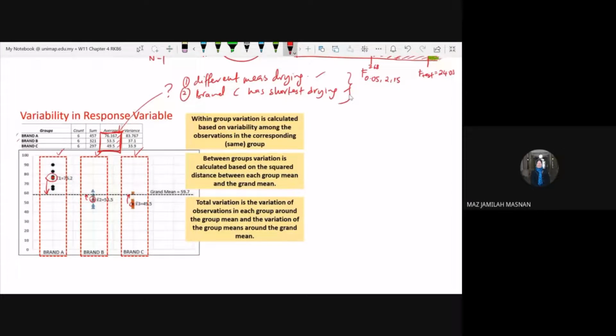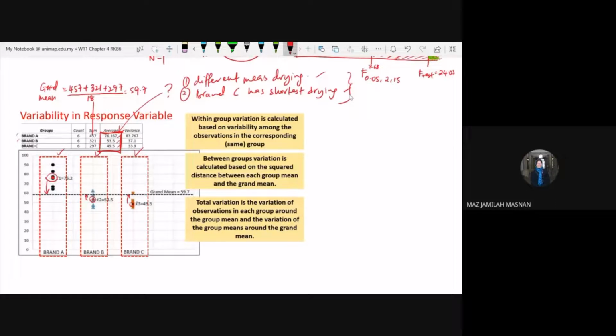So how do I get my grand mean? You can add all of these. Grand mean equals 457 plus 321 plus 297 divided by 80. So you will get your mean, that will be 59.7.